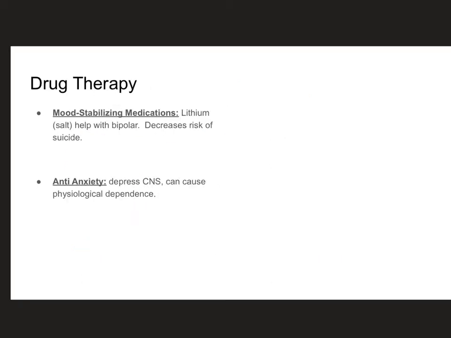Okay, so we have mood stabilizing medications. One example of this is called lithium, which is actually a salt, and it is very effective for bipolar disorder. It can decrease the risk of suicide.